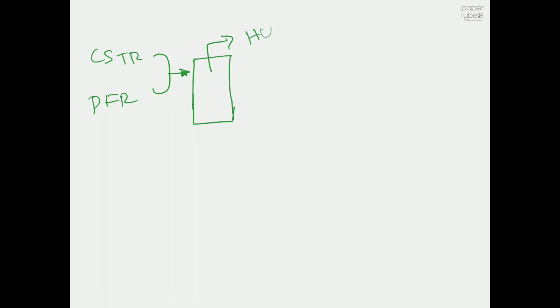We have the CSTR tank here and the PFR tank here. Whatever product stream comes out, we will pass it to a flash separator. That separates the light gases, in this case HCl, plus if there is trichloroethane or something, it will come out here.